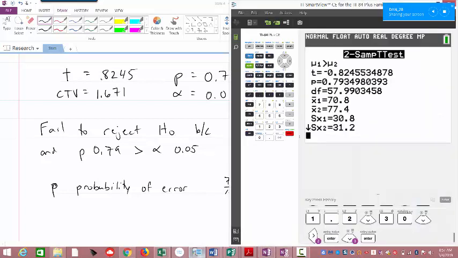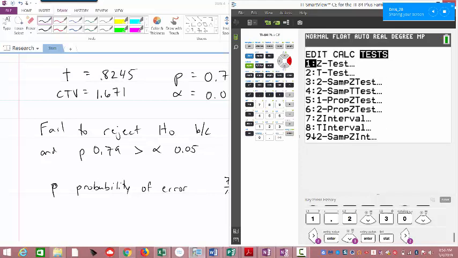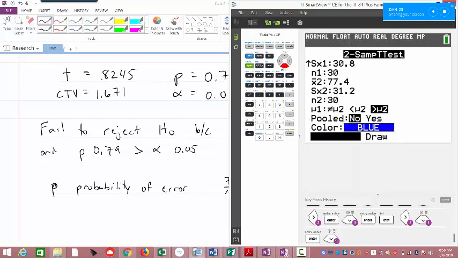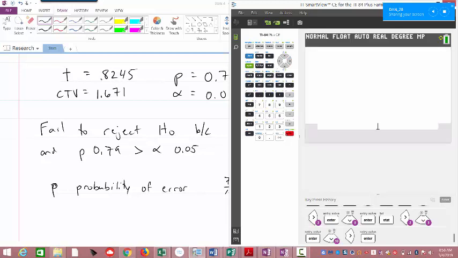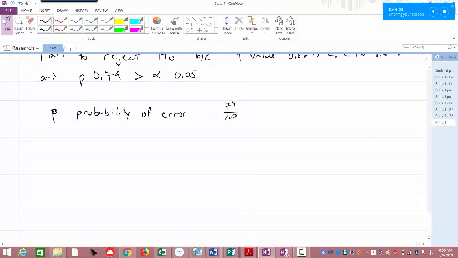Now, another way you can look at it on the calculator. Hit Stat and go to Tests again. Go down to that same test. Leave all of your data there, all of the stuff you entered, but go down this time and instead of calculate, draw. I got an error. When you drew it, you got this?